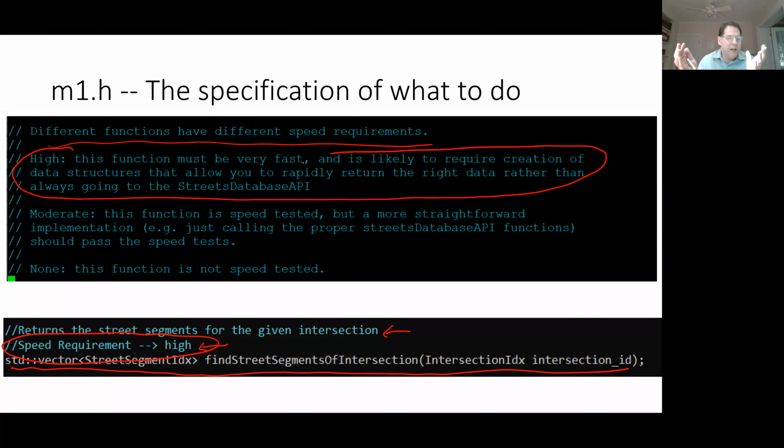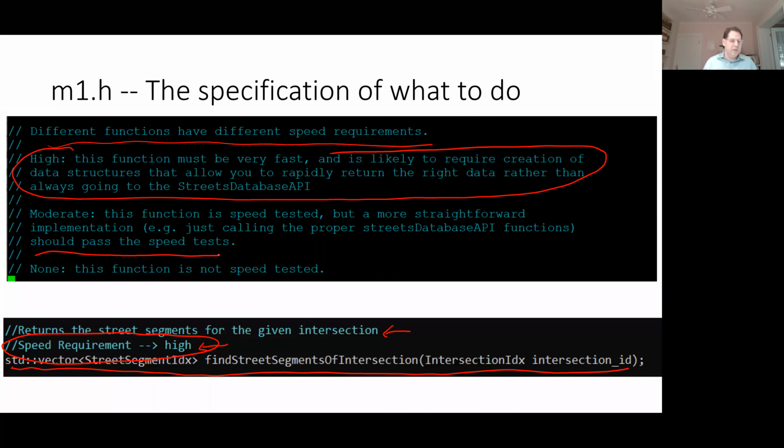So you can have your load map load some data structures of your own that allow you to answer questions faster. And when you see the high speed requirement, it's likely you're going to have to do that. If you find some other way to do it and you pass the speed test, that's fine. We're just telling you that we think you're probably going to have to actually store some data in order to pass this speed requirement. Okay, and there are other levels too.